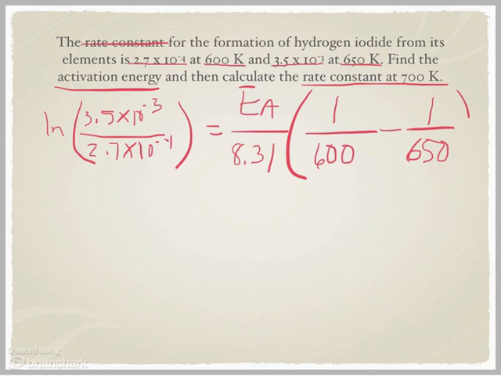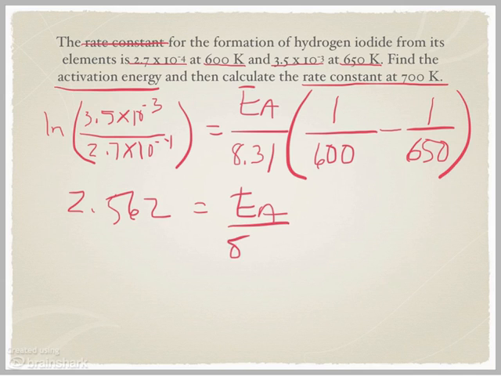So now just do out this math. If you do out the left side, you end up with 2.562 equals EA over 8.31, and if you do the math within the parentheses, you end up with 0.000128 for that.